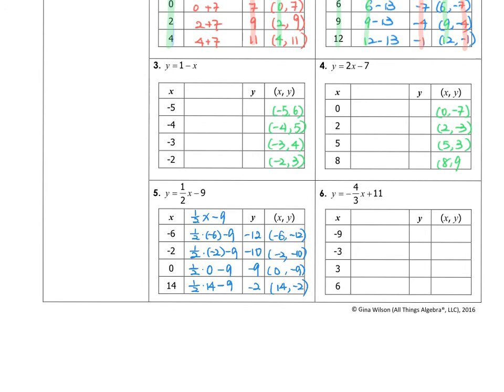Okay, same thing here in number 6. -9 times -4/3 plus 11, you should have 23. -3 times -4/3 plus 11, that should be 15. 3 times -4/3 plus 11, you should have 7. -4/3 times 6 plus 11.